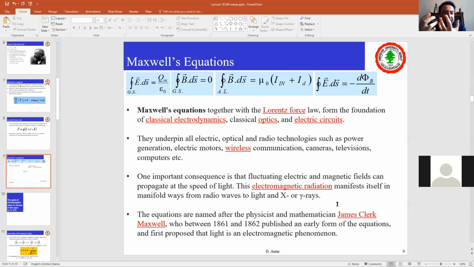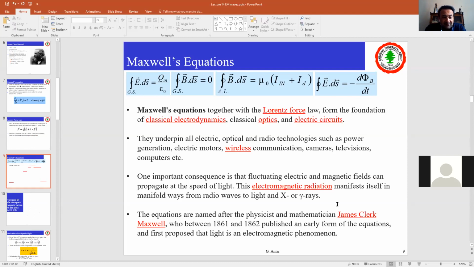This really is like a window towards relativity. Whether I have a magnetic field or not depends on the reference that I'm in, so things are relative. And this opened the door for relativity.